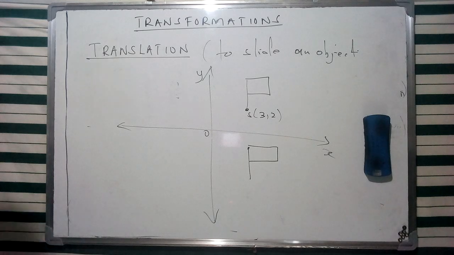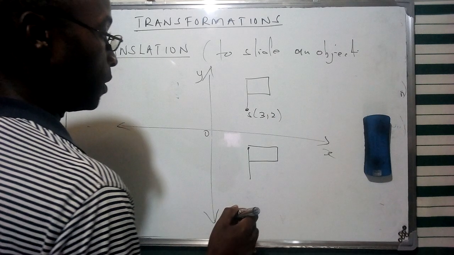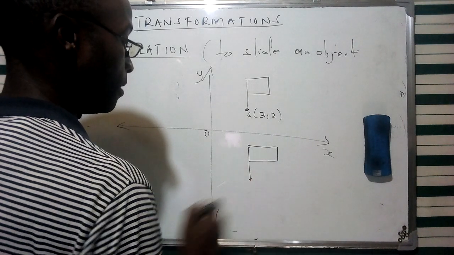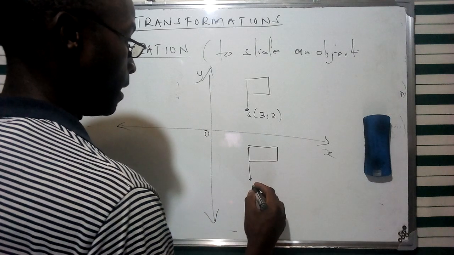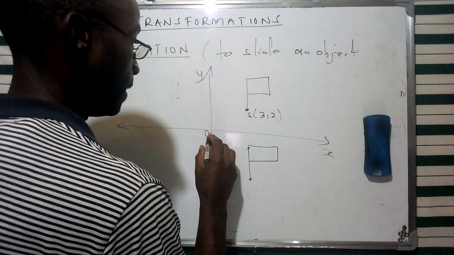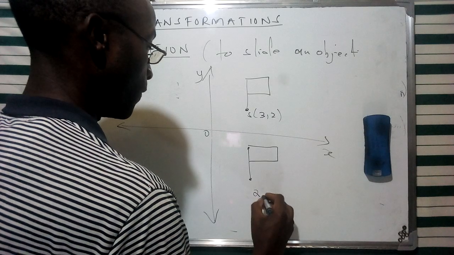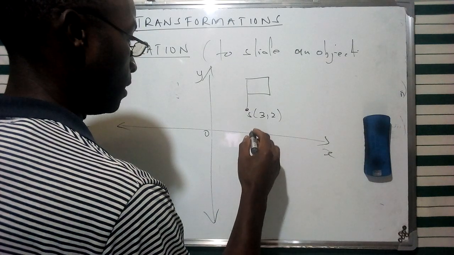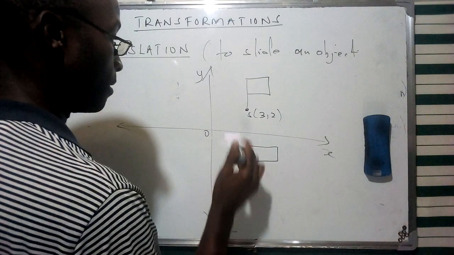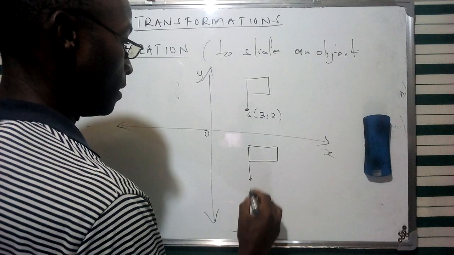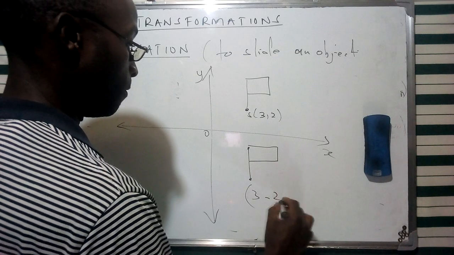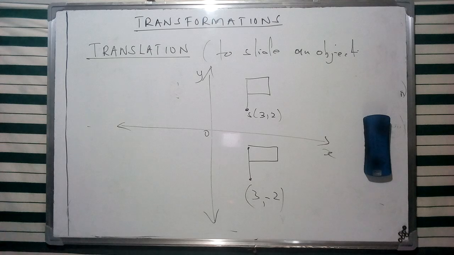So suppose this one was at the point (3, 2), this is 2 along the y-axis, this is going to be 3 along the x-axis, and then we're going to have -2 given as such.